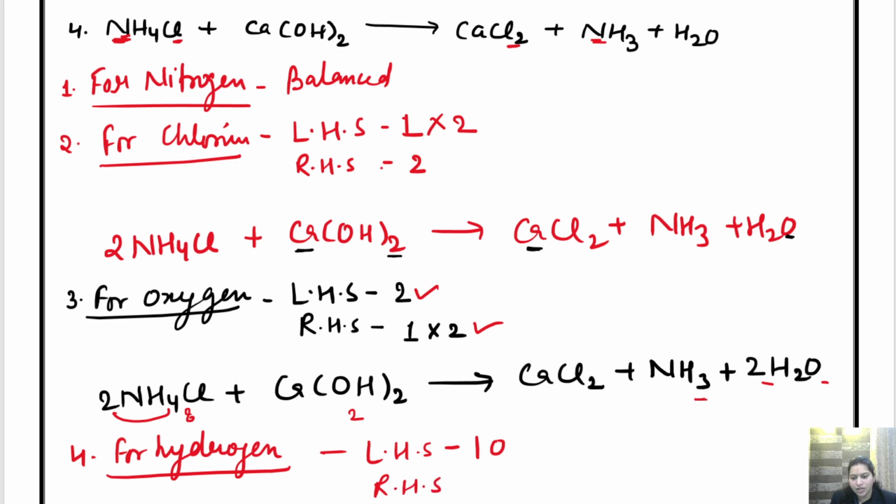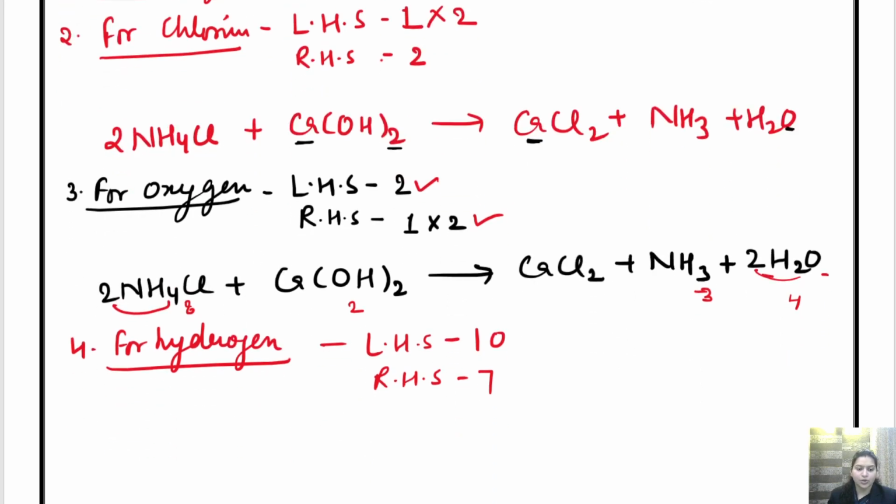We have 3 and we have 4. So this is 3 and this is 4. Okay, so it will be 7. Getting it? 4 and 3, that is 7. And we also have a less number of nitrogen, क्योंकि नाइट्रोजन यहाँ 2 हो गया और नाइट्रोजन यहाँ 1 हो गया. ठीक है, तो अब हम क्या करेंगे?